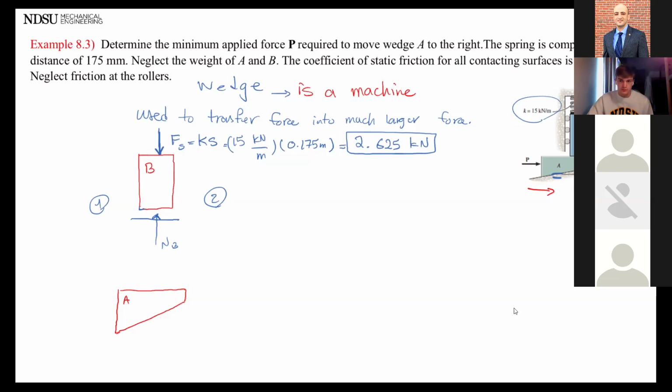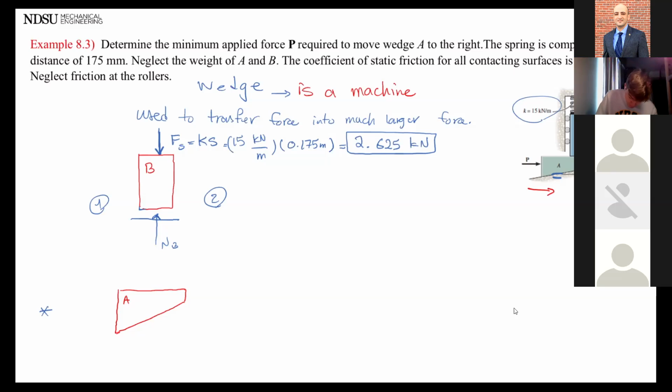How am I supposed to figure out which way the friction on the surface is? Exactly, yes, that's what I was going to say. I'm going to leave it just like this, and I'm going to get back to it after I finish A, because A is more obvious. I know P is pushing to the right.